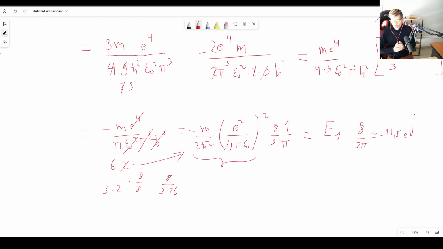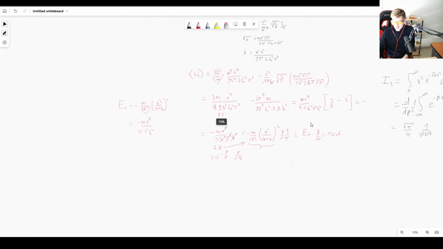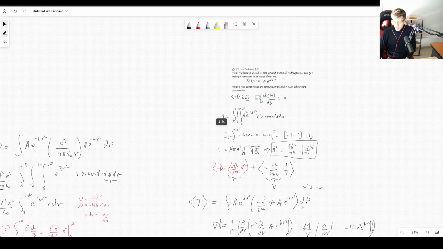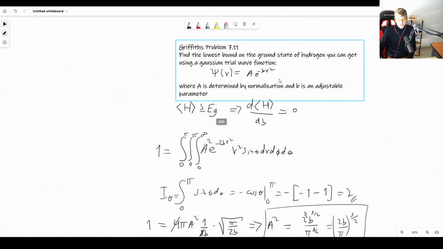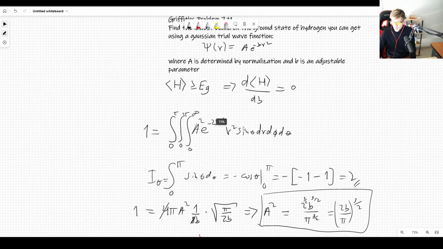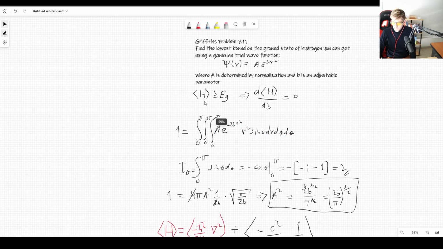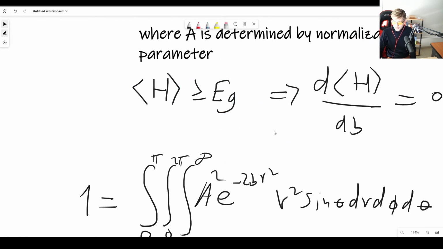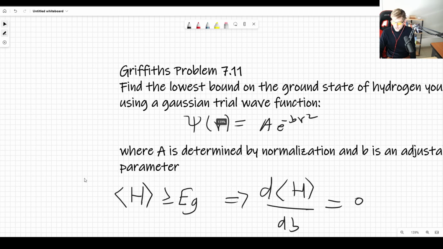And of course, we have overestimated the ground state, but you know that's what this does. But as you can see, it was relatively easy to do. We didn't have to solve, at least when you compare it to solving the hydrogen atom, right, which is a traumatic experience. So all we did was we normalized the wave function. We wrote this thing right here, right? We need to find the expectation value of the Hamiltonian with respect to our trial functions.